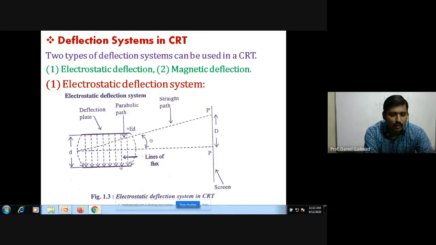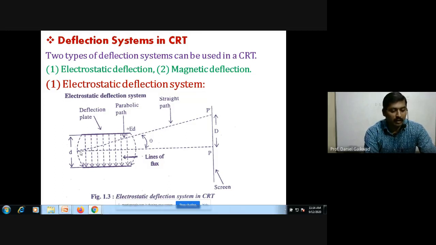When there is no electric field between the plates, meaning no potential is given to the plates, the electron follows a straight path and is incident on point P on the screen. Now if we switch on the electric field by giving potential plus ED and minus ED between these two plates, what happens?